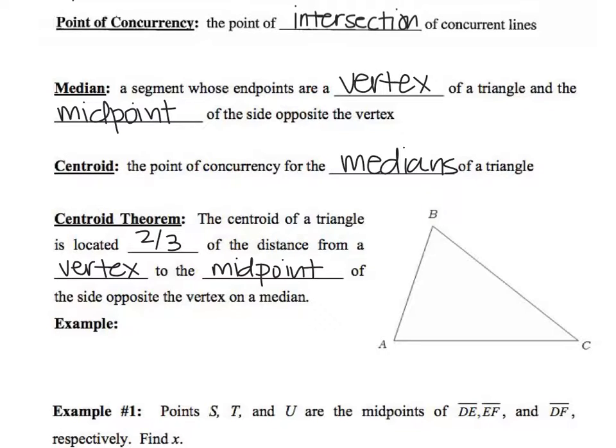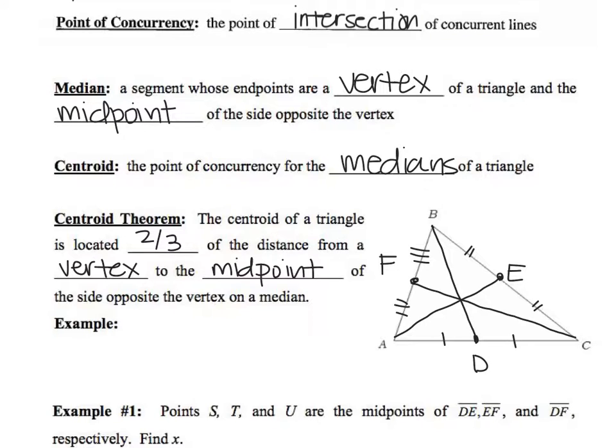So in our triangle ABC, I'm going to draw the 3 medians. These aren't going to be exact, but they're going to be close. So BD, AE, and CF are going to be the medians in our triangle. And then our point G is the centroid.